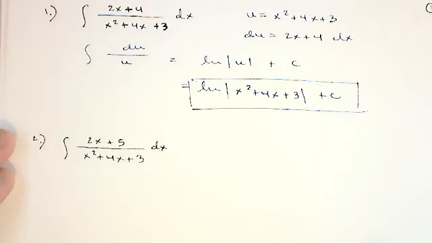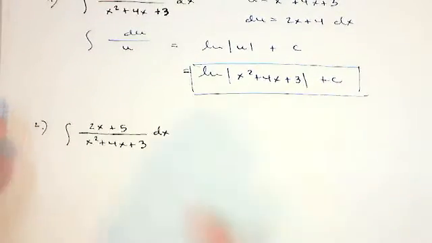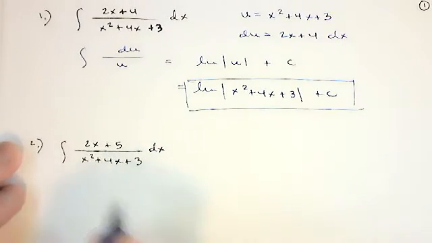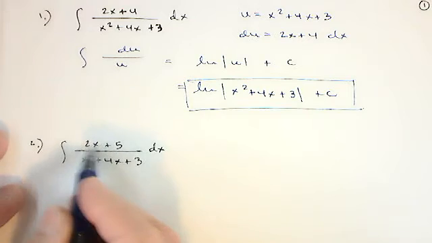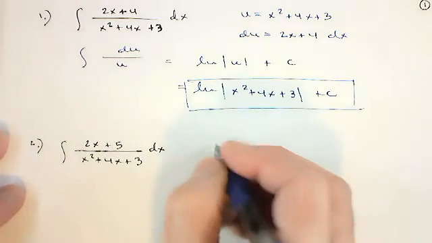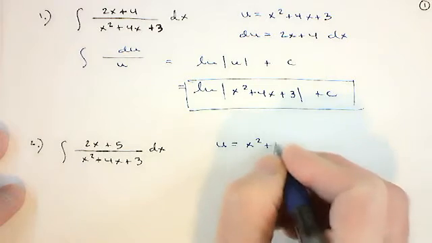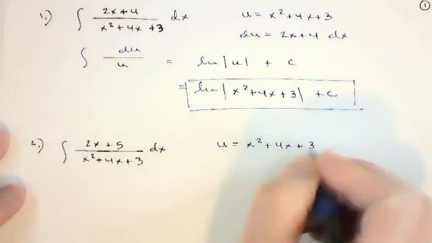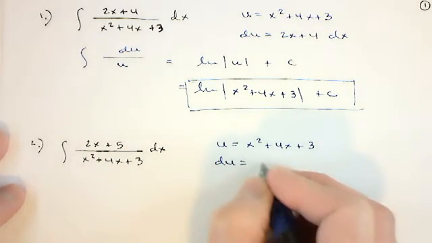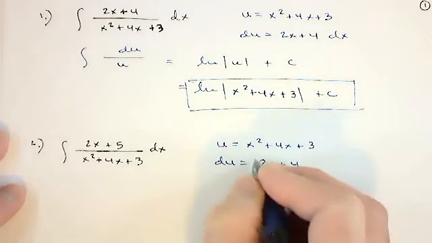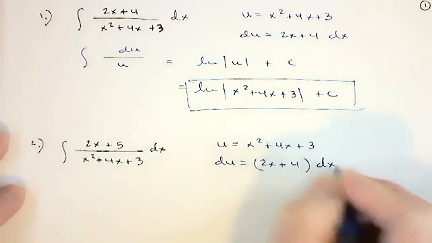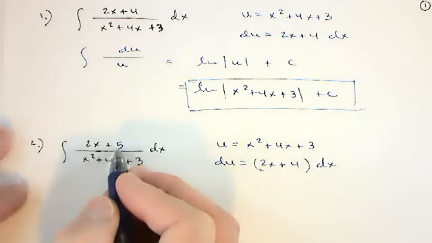Now look at my next one, and it's almost the same, except I changed the numerator to 2x plus 5. And to be clear here, we've been talking about this wishing technique where you get to wish for something. But what I needed to see was a 2x plus 4 times dx, and I had a 2x plus 5.